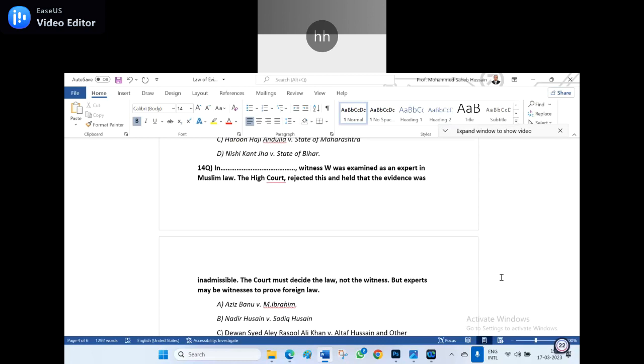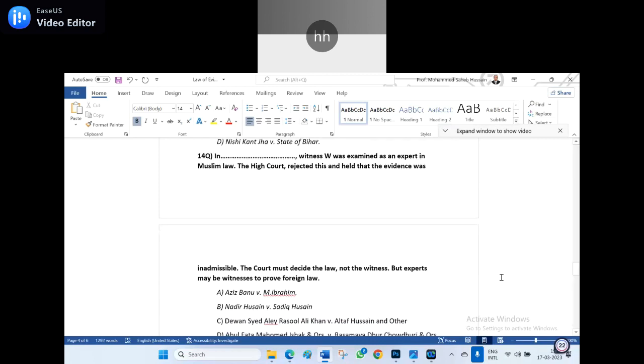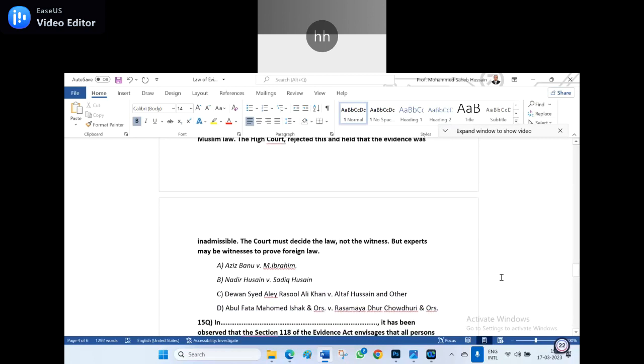But experts may be a witness to prove foreign law. A. Aziz Banu versus M. Ibrahim. Option B. Nadir Hussain versus Sadiq Hussain. Option C. Diwan Syed Ali Rasul Ali Khan versus Altaf Hussain and others. D. Abdul Fatah Muhammad Ishaq and others versus Rasamaya Dhur Chowdhury and others.